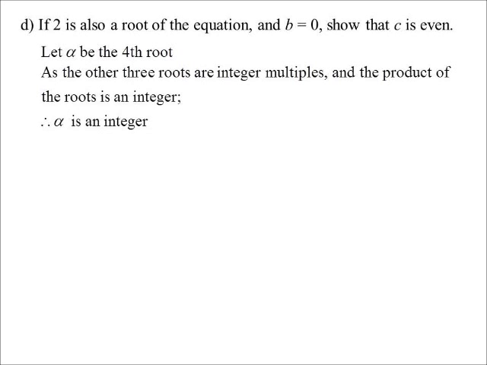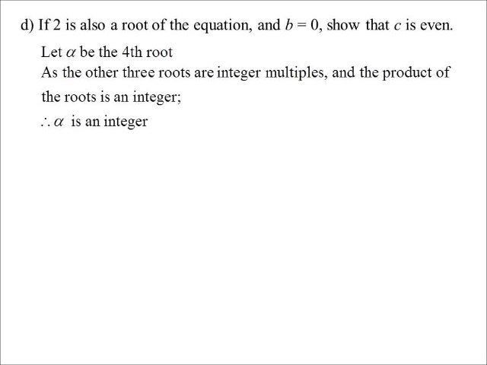Here's my logic. The 3 roots that we know are integer multiples, and the product of the roots is an integer, so alpha must be an integer. Whether that's useful or not, I don't know yet, but I've got it in my head.